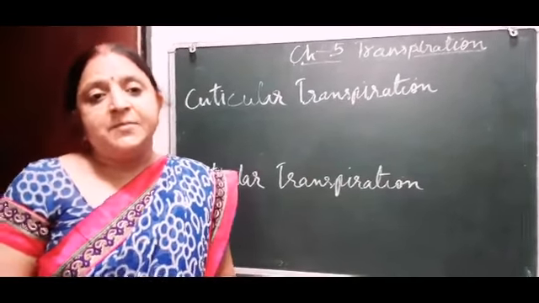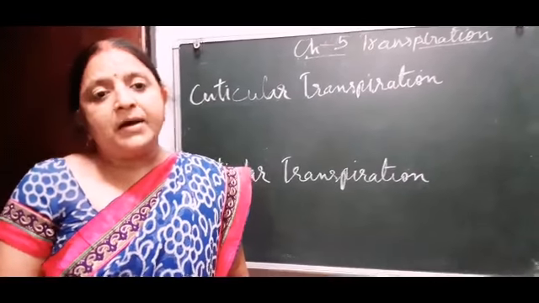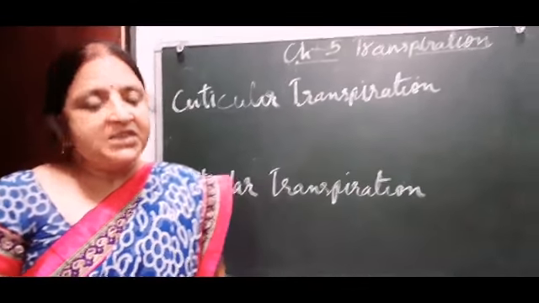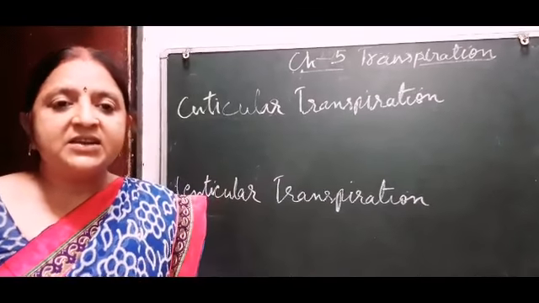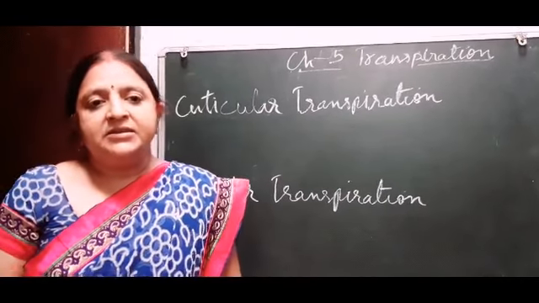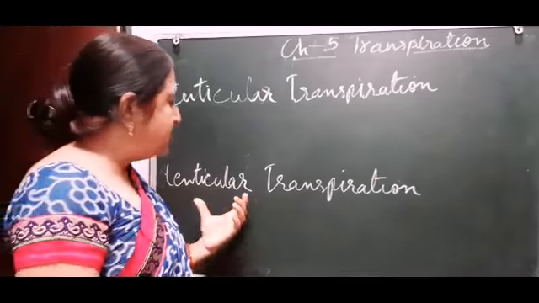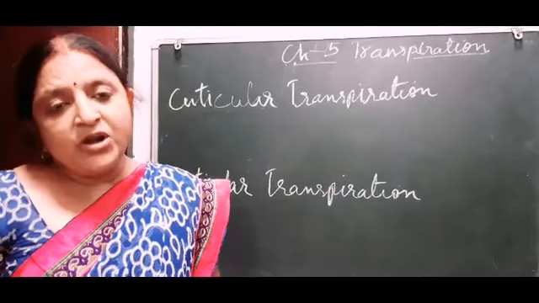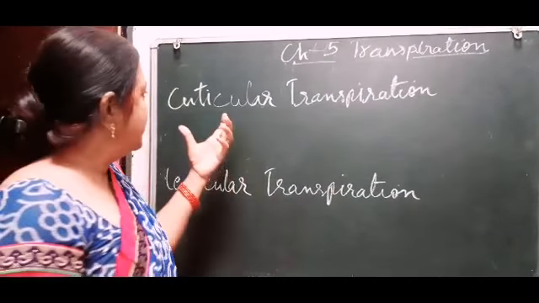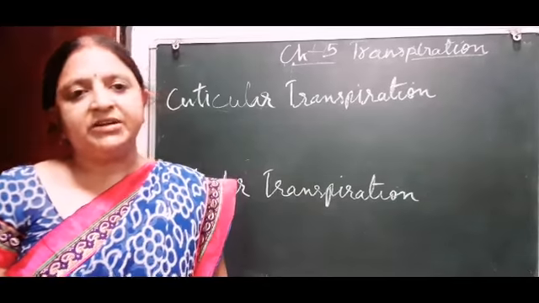Lenticels are present on the old bark of the stem, and these are always open, and through them loss of water takes place in older plants. This is all about cuticular transpiration and lenticular transpiration.